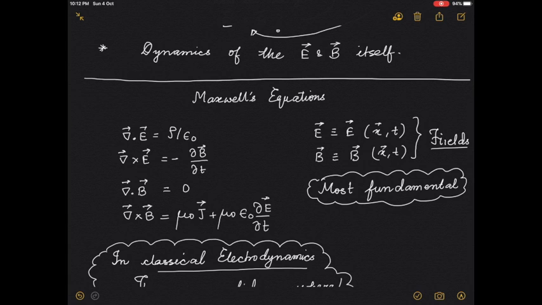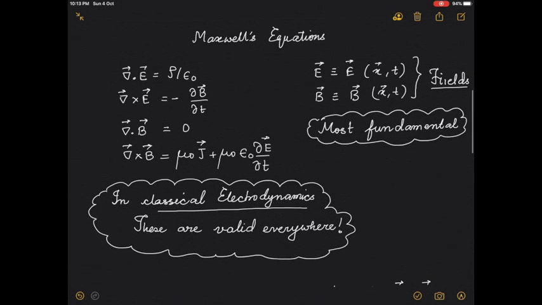Everywhere E and B come at first order. Well, this is not essentially true if you try to write down the Maxwell's equations in a nonlinear medium. Now, Maxwell's equations inside a medium, which we write down in terms of D and H, are fundamentally different from these Maxwell's equations. Why is that? That we will come to later. But these equations, as we said, are applicable everywhere, even inside a medium. They are linear in E and B.